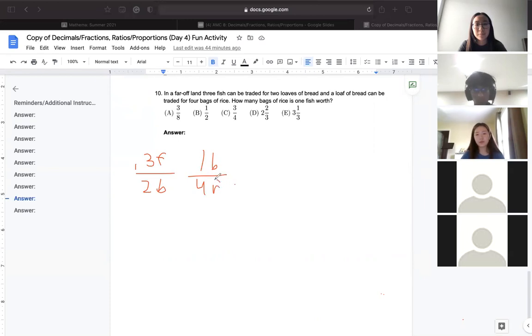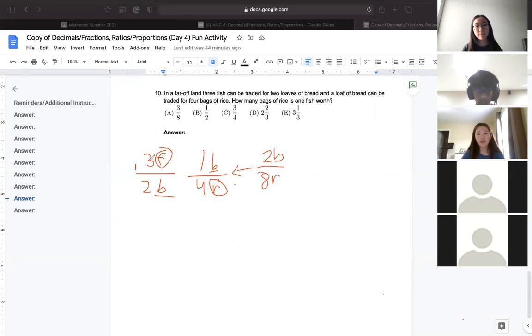So we have to compare rice with fish. And the thing that's in common with both of these ratios is the bread. So if we turn this ratio into one that has 2 breads, then we can compare the fish and the rice. So if we just multiply the top and bottom by 2, then we can get 2 breads to 8 rice.